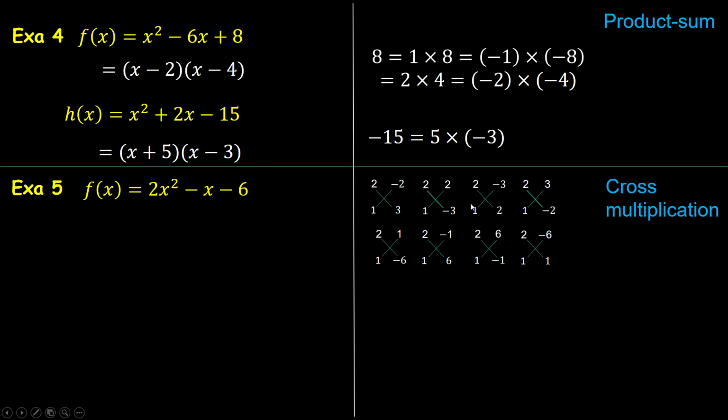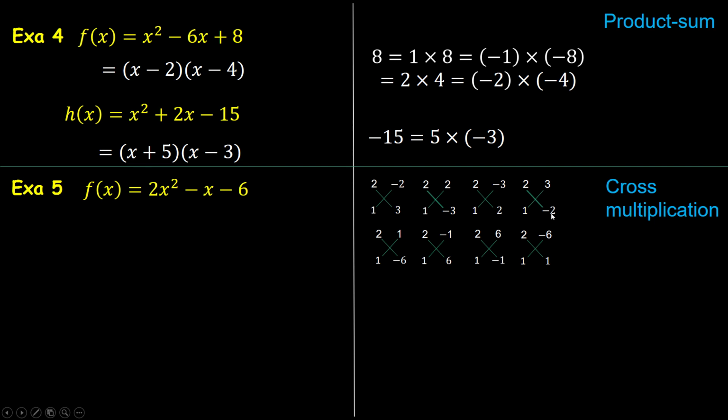Well, here, let's see. These are actually all the possibilities. Let me explain this. So for 2, you could have 2 times 1, or you could have a minus 2 times minus 1, but really it's the same in this case because you can adjust the sign in the second pair of numbers.